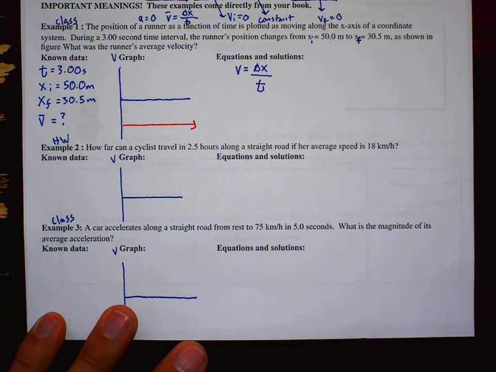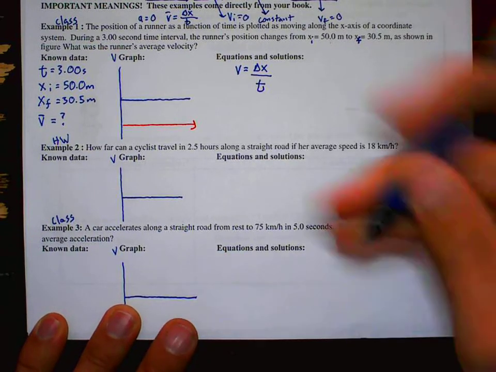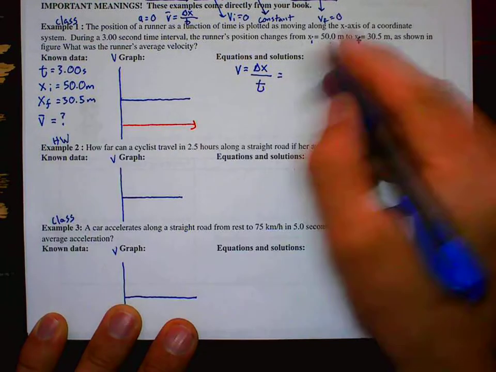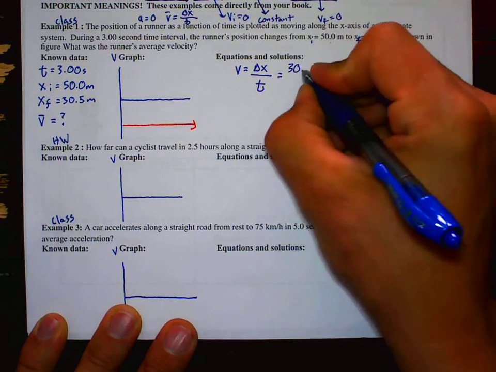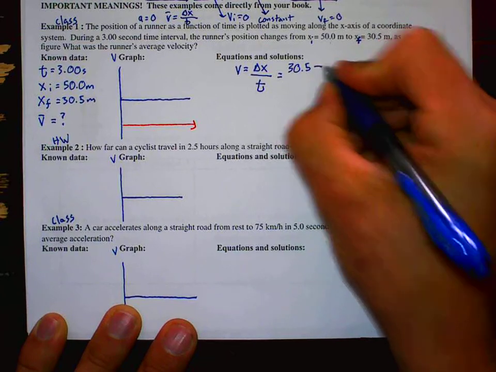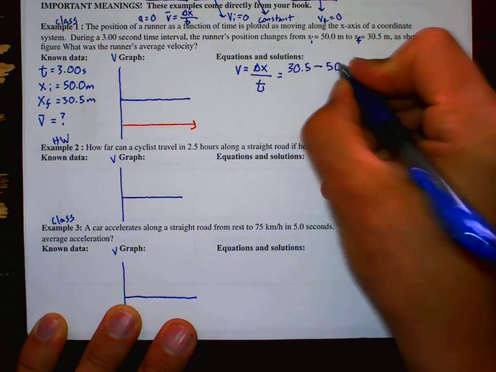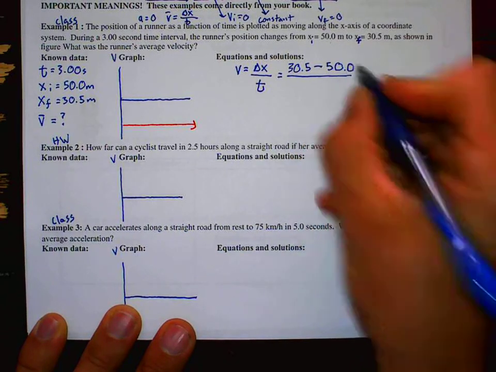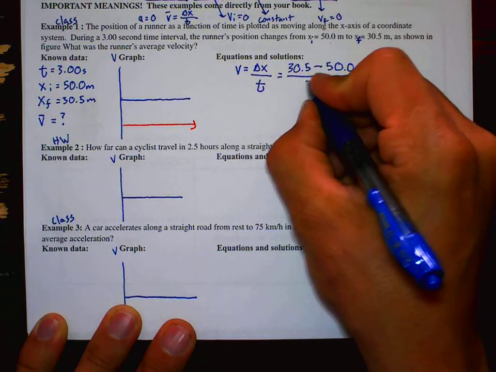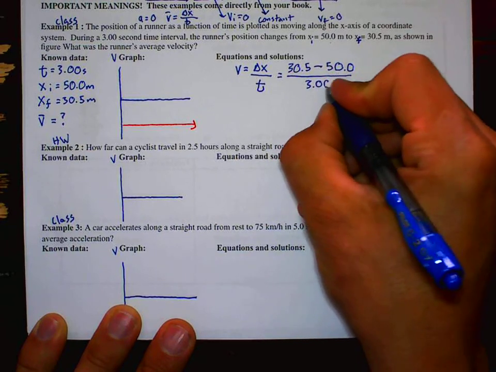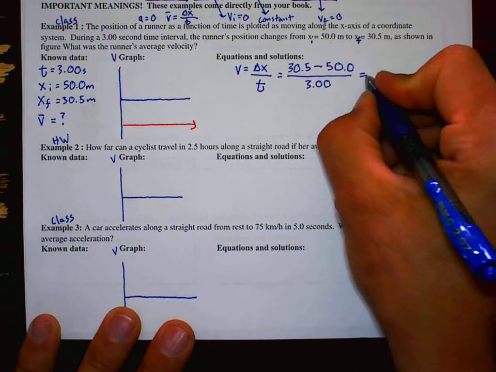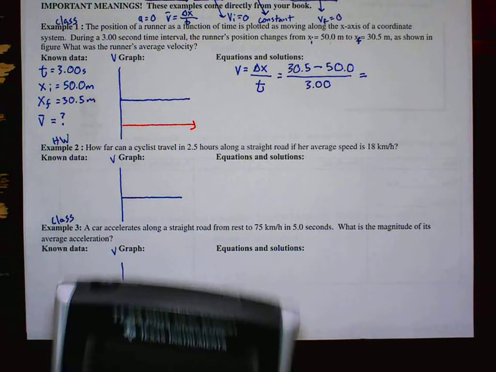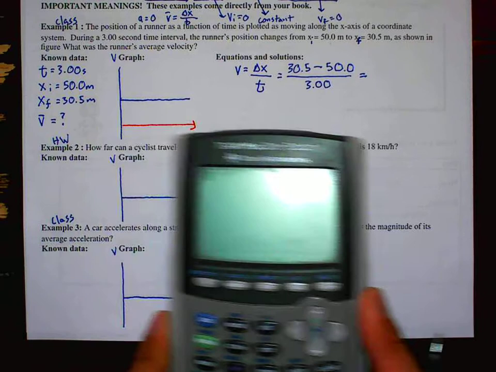Okay, so let's do our math. We're just going to go over here, and we're going to do final minus initial. And we'll divide by the time it took. Let's take out our handy calculators and punch it in.